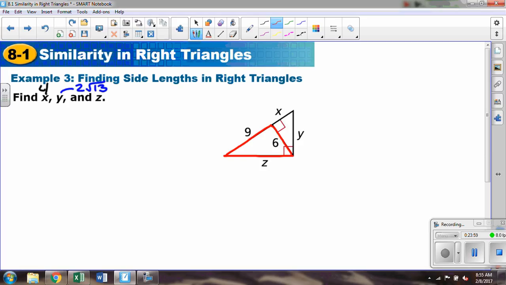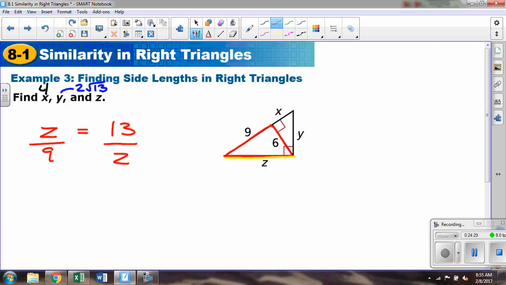And so we can say hypotenuse matches hypotenuse. For the overall big triangle, z is the longer leg. So we can build it long leg matching long leg. We can solve this proportion and we'll get our answer.